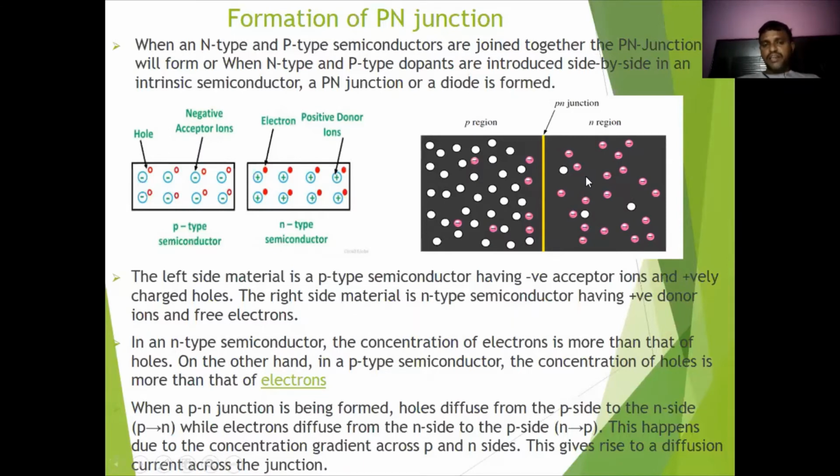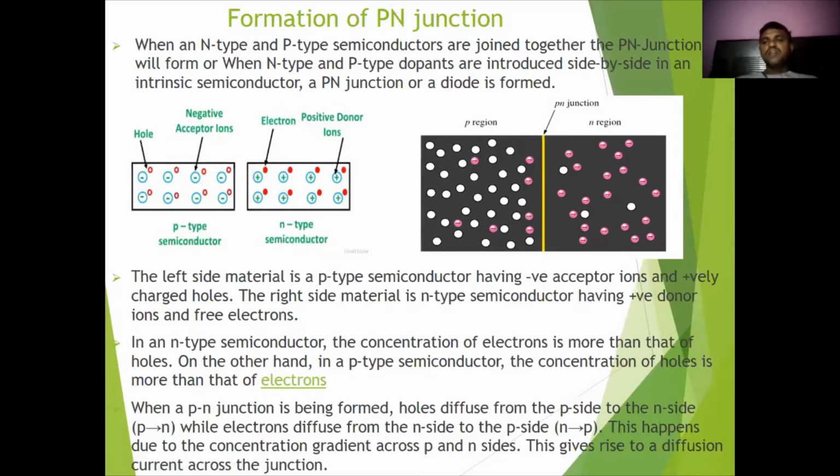That is what this statement gives: in an n-type semiconductor the concentration of electrons is more than that of the holes. Similarly you can write the same thing for the p-type semiconductor: the electrons are the minority carriers and the holes are the majority carriers.